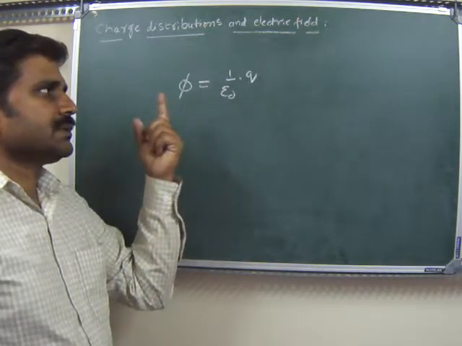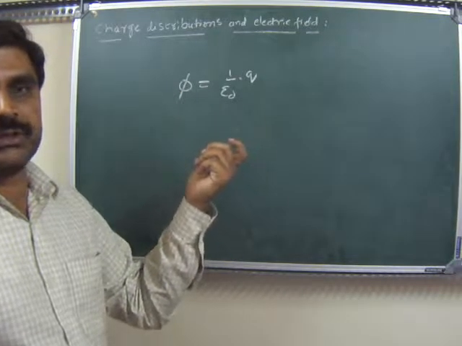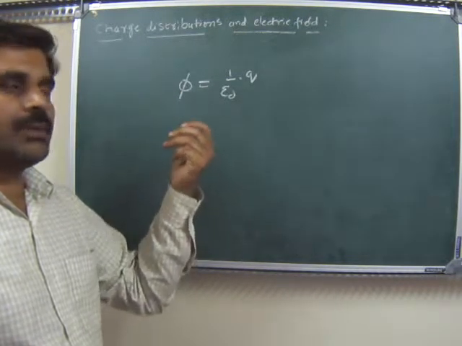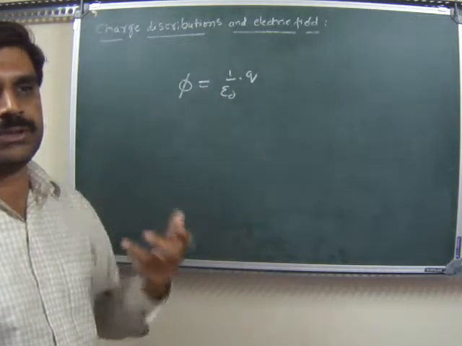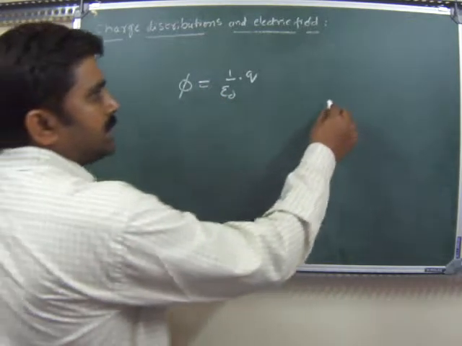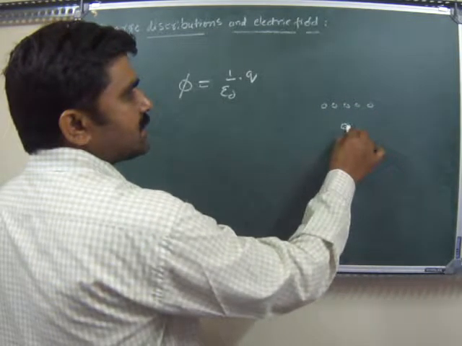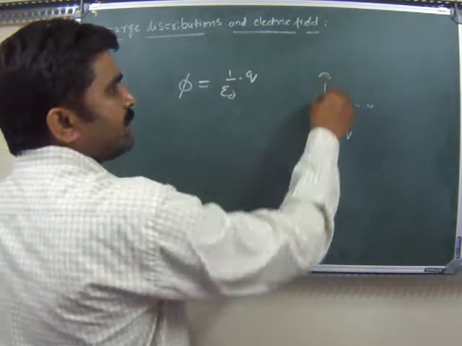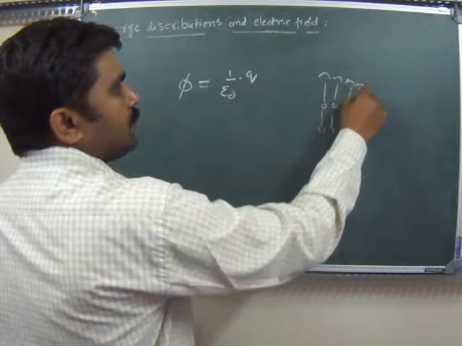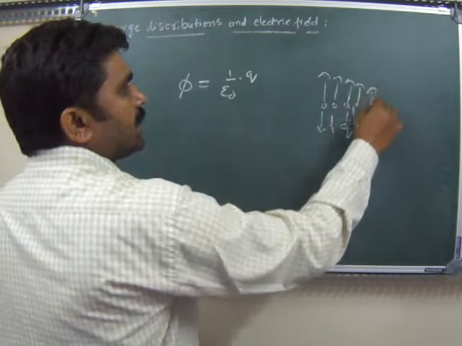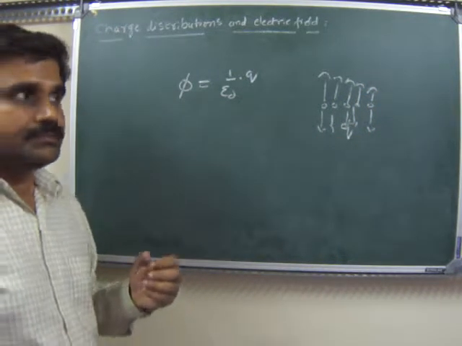The flux passing through a charge distribution is equal to 1 by epsilon naught times the charge existing on that distribution. For example, you have a line of charge like this. If the total charge is Q, then the flux from that charge is equal to Q by epsilon naught. So that is the law given by Gauss.